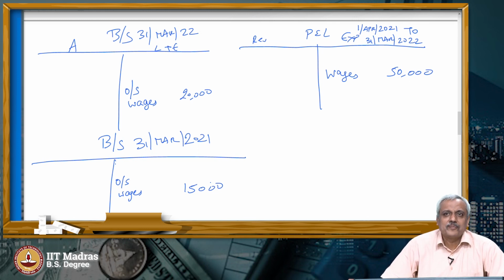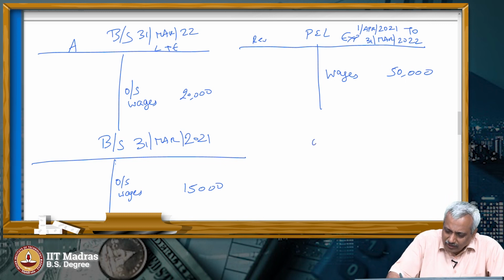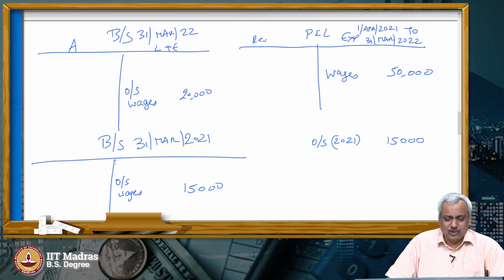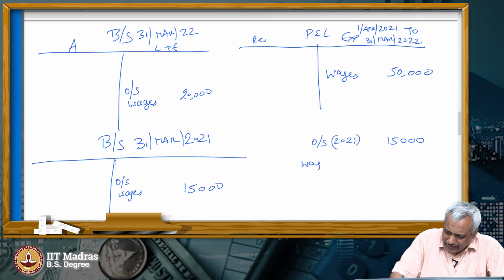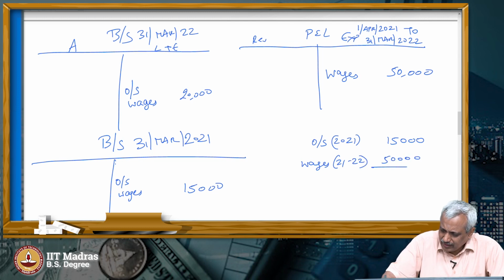Very simple. I will do the calculations here. What was outstanding as of 2021? 15,000. What is the wages for the year 21-22? P and L says 50,000. How much is the wages totally payable?